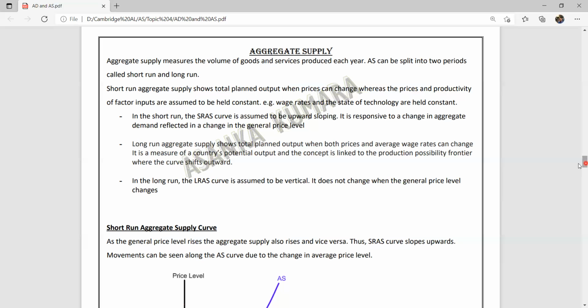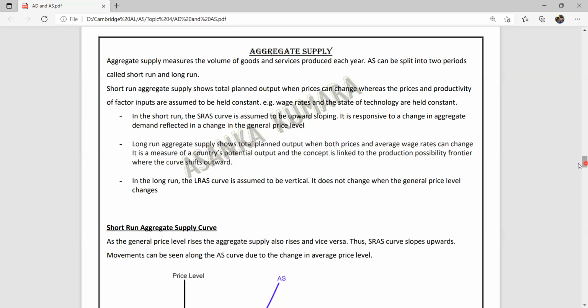Therefore, aggregate supply should be analyzed in two ways: short run and long run. First of all, aggregate supply measures the volume of goods and services produced each year. Aggregate supply can be split into two periods: short run and long run.